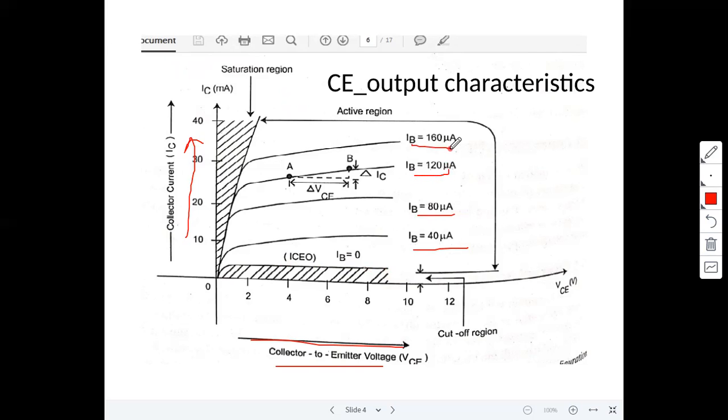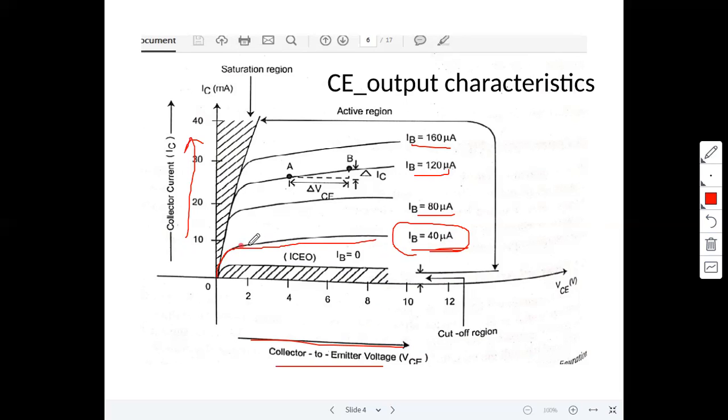Remember this one. Now here the graph looks like this. Suppose IB is fixed at 40 microamperes. We have to plot the output current versus output voltage.